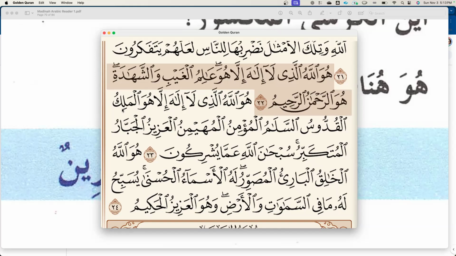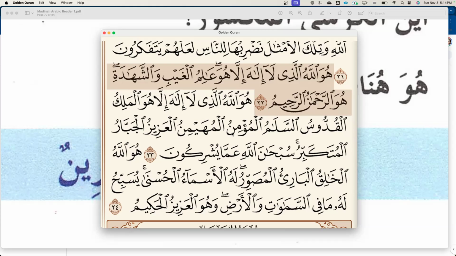Illa huwa al-Maliku, the King, al-Quddus, the Holy, as-Salam, the one who is the source of peace, al-Mu'min, the one who is the source of belief or security, al-Muhaymin, the one who eradicates, I believe, the one who erases, al-Aziz, the one who is full of respect is one way to say it, but al-Aziz has many meanings.